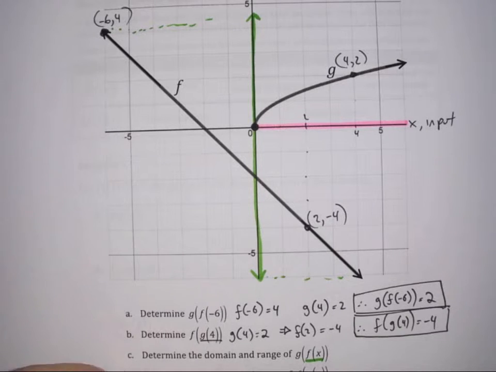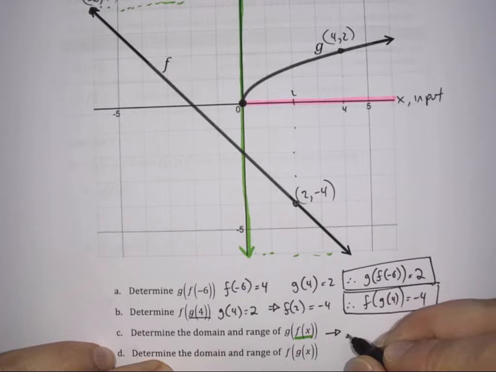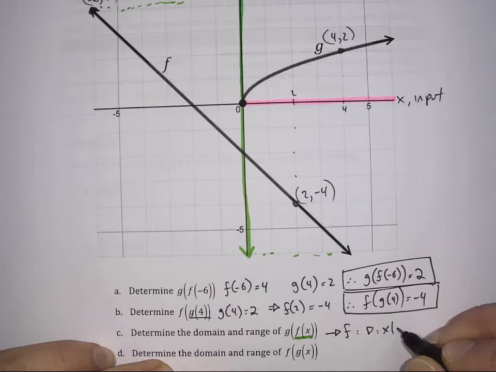Okay, so let's try to write some of this information down. What do we know? For f, the domain is such that x belongs to all the reals, and the range is such that y is an element of all the reals.